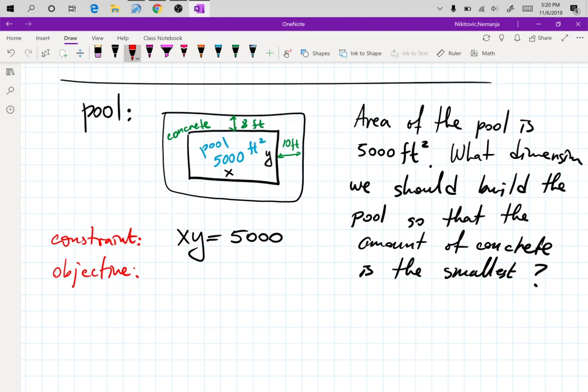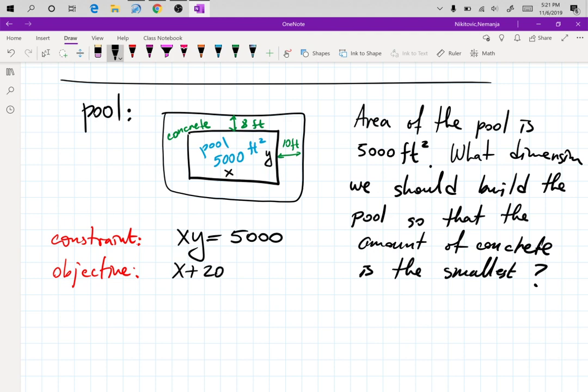You're going to have to include your 8 foot and 10 foot in there, so it's going to be 20 and 16 respectively. Excellent. What do I do with 20 and 16? You're going to want to add 20 to X and 16 to Y. Excellent.